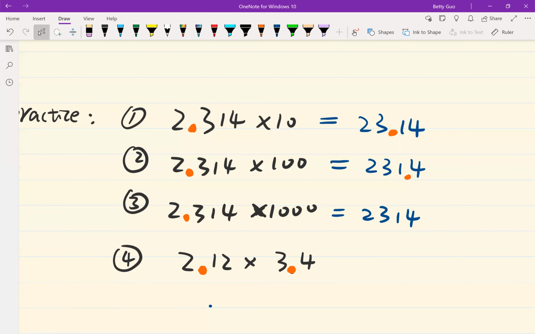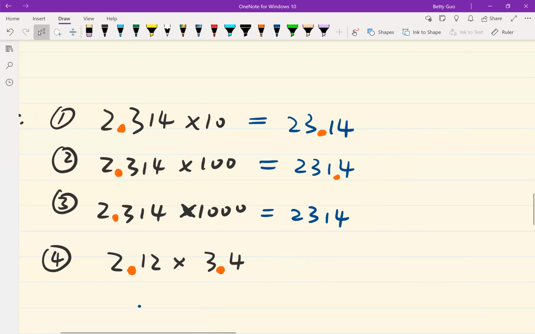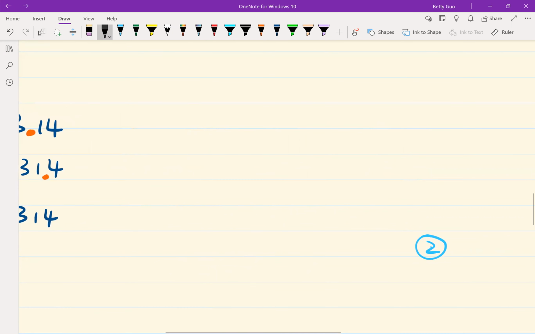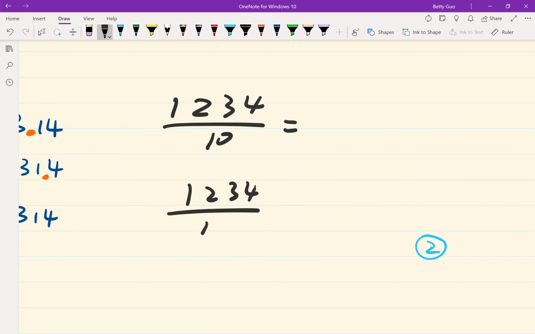What if you need to divide a decimal? What if you have a number and you need to divide the number by 10, by 100, by 1,000, by 10,000?